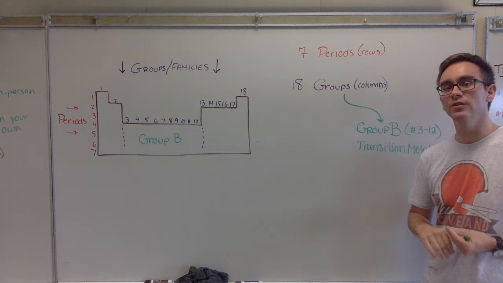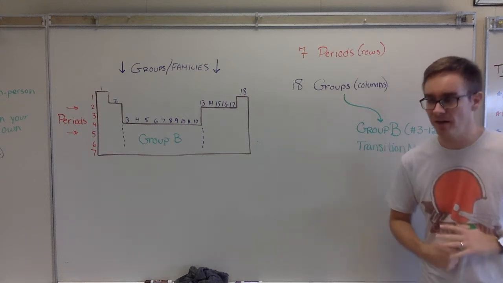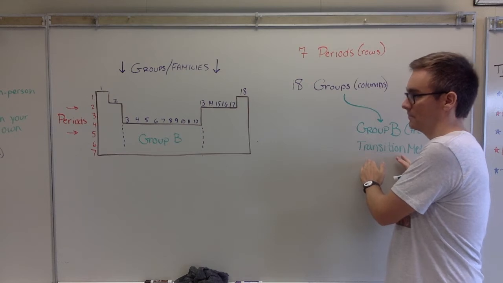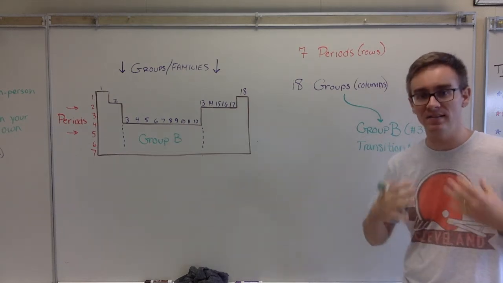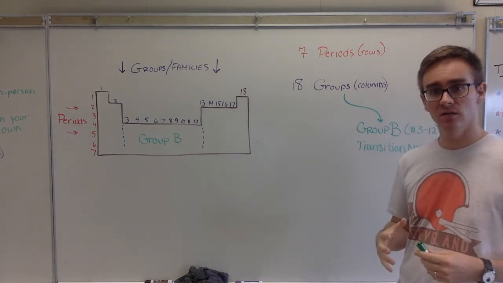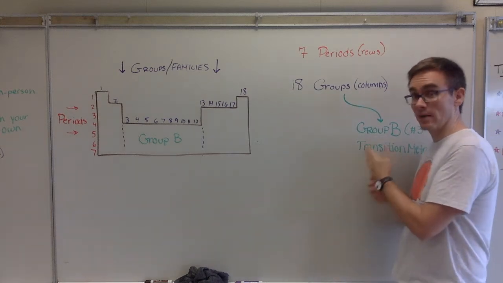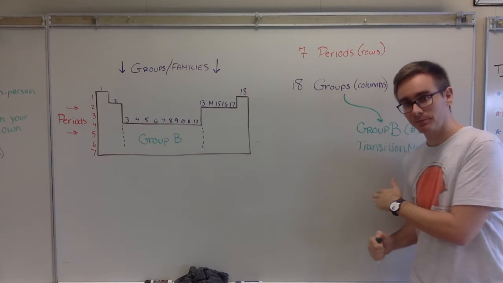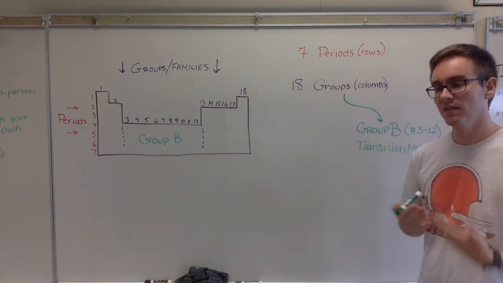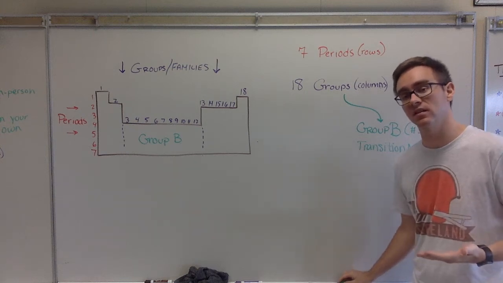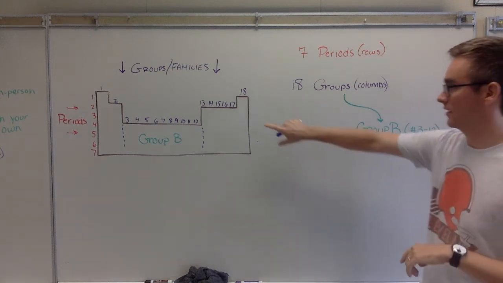Their chemistry is a little bit more complicated. We need to understand some more basic chemistry, which we'll do in this class, before we can approach group B elements. Chemistry absolutely will, but we're learning the very basics so that you can eventually learn those ones. The ones we're going to be focusing on are the mountains.